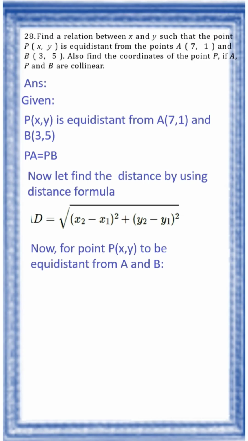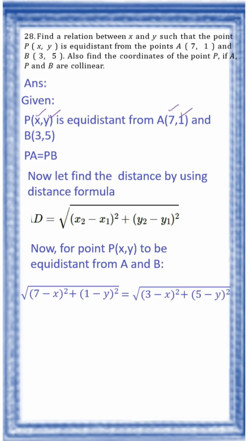Now for the point P(x, y) to be equidistant from A and B, PA is equal to the square root of (7 minus x) the whole square plus (1 minus y) the whole square, which is equal to PB, the square root of (3 minus x) the whole square plus (5 minus y) the whole square.